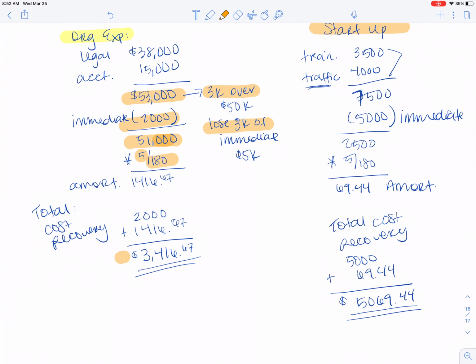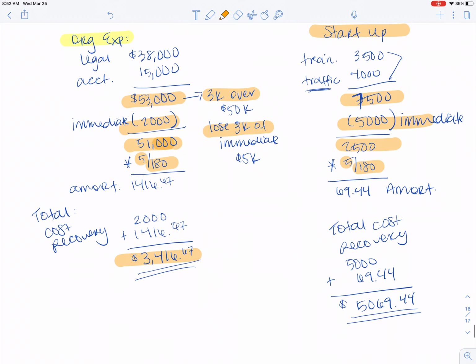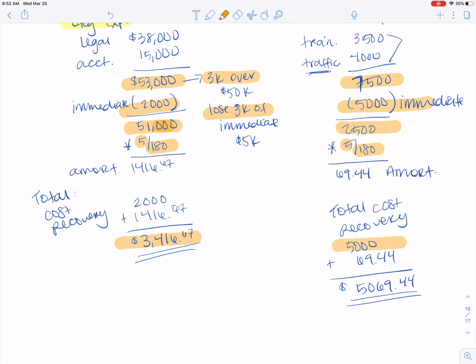The total cost recovery here, $3,416. Startup costs only totaled $7,500. They did not exceed the $50,000 threshold, so I could deduct $5,000 immediately. That left only $2,500 to be amortized over 180 months. I got 5 months this year. I add up my cost recovery, that was the immediate deduction and the amortized portion, for my total cost recovery of $5,069.44.